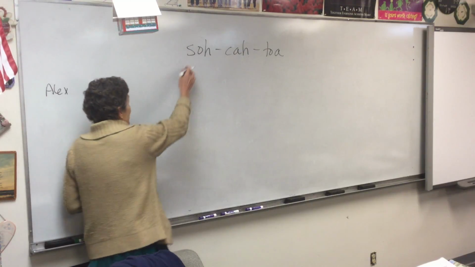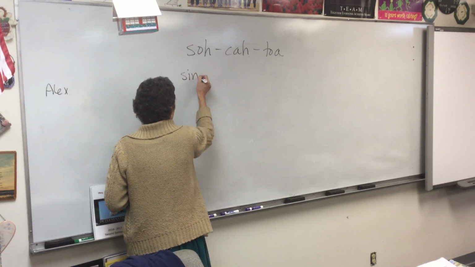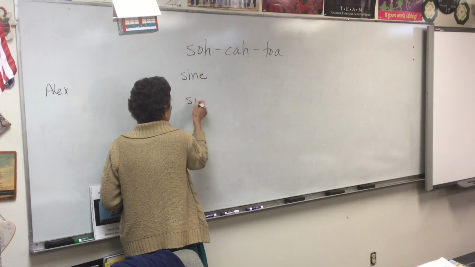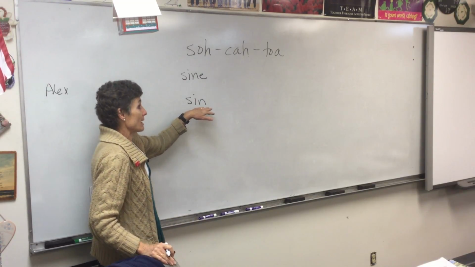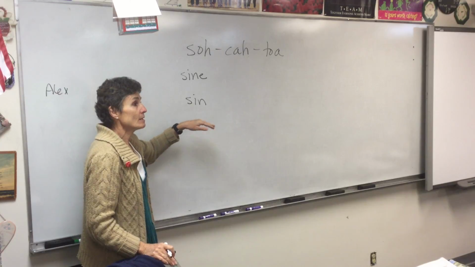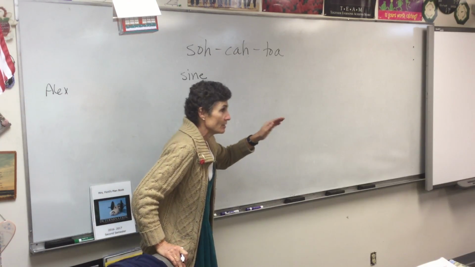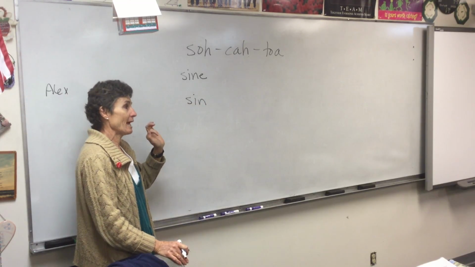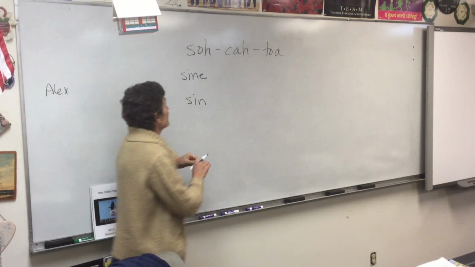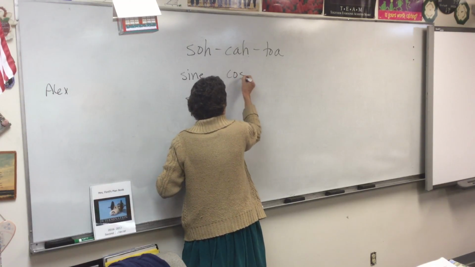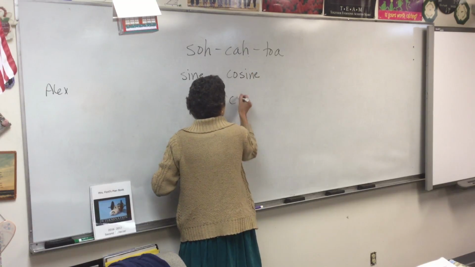The S stands for sine, which is abbreviated SIN. In math class, when you see SIN, say sine. Don't say sin, people will laugh at you. Say sine. The C stands for cosine.